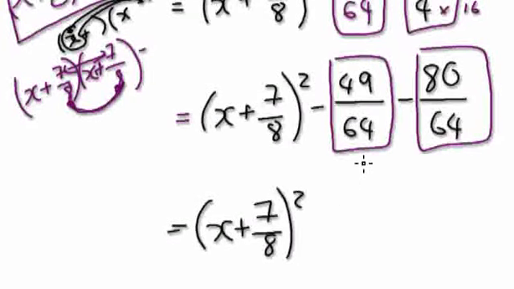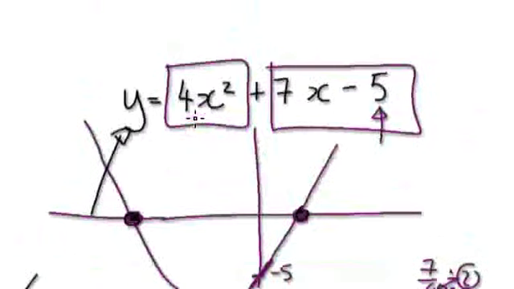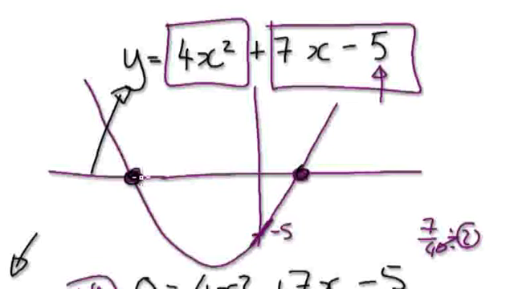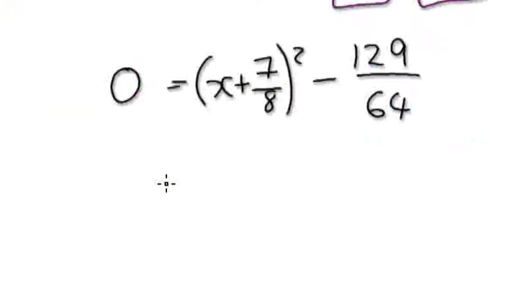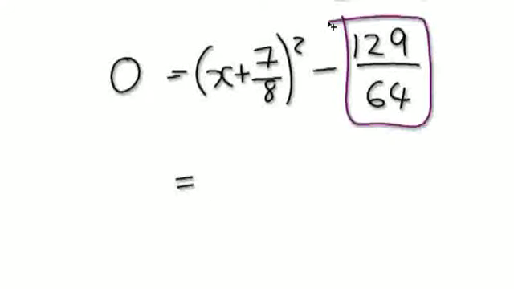Over squared, and then this will become minus 129 over 64. Okay, so remember that this equals 0 because we are trying to find out where the y value will be 0. That's why on this side it will be 0. Okay, now add this fraction to both sides.